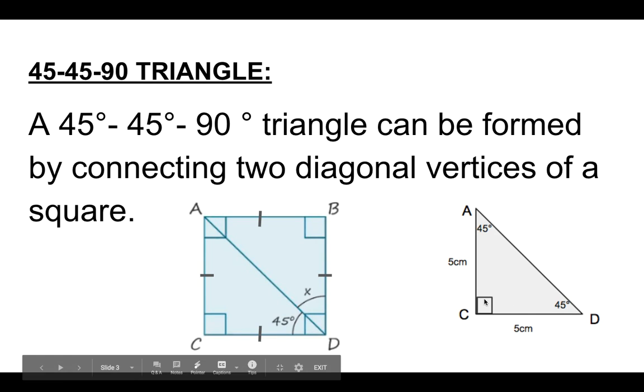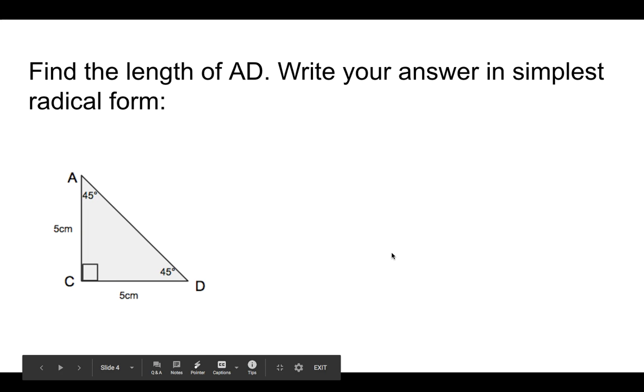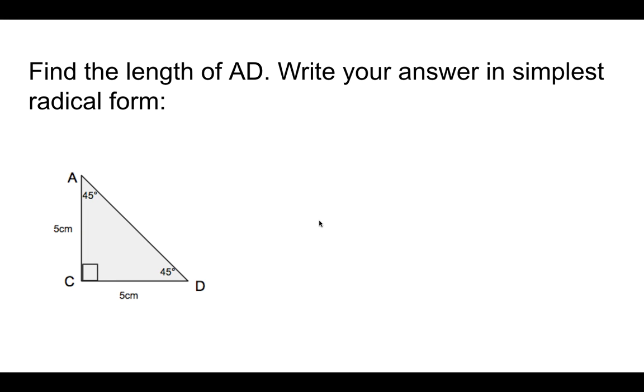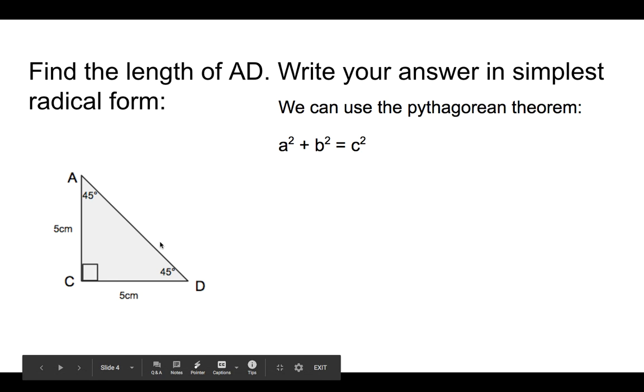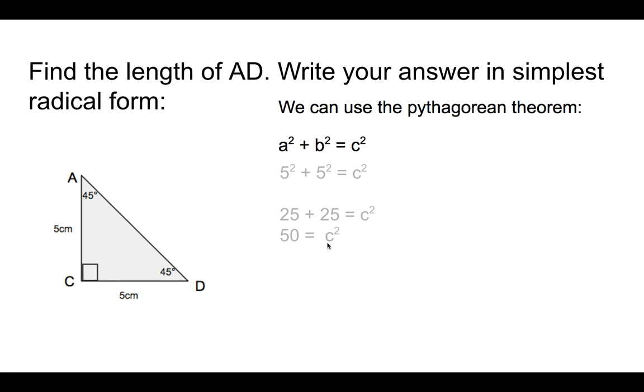And if these two sides are 5 centimeters and I want to find the length of AD, what is it going to be? So you should have gotten, once you applied the Pythagorean theorem, a squared plus b squared equals c squared. Remember, these are my legs. The right angle points to the hypotenuse, so I'm solving for c. And I get 50 is equal to c squared.